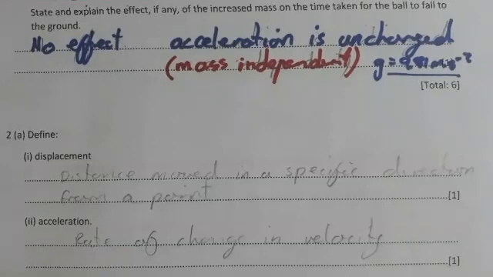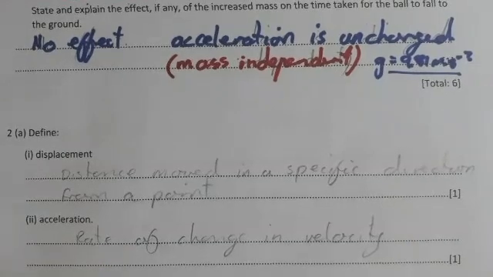Okay, let's look at displacement and acceleration definitions. Displacement is the distance moved in a specific direction from a point, and acceleration is the rate of change in velocity.